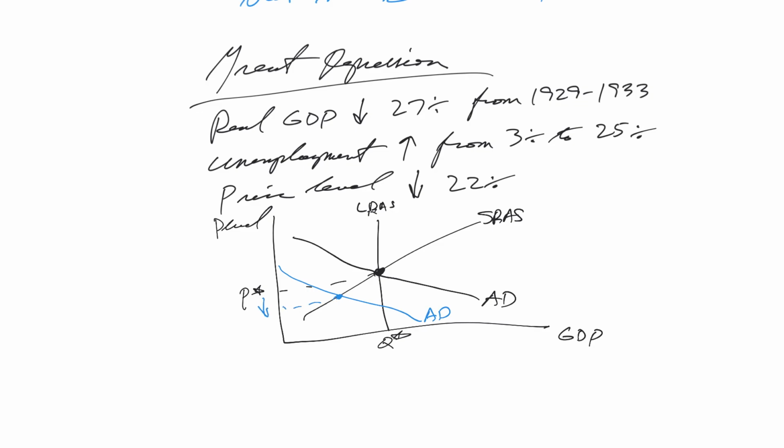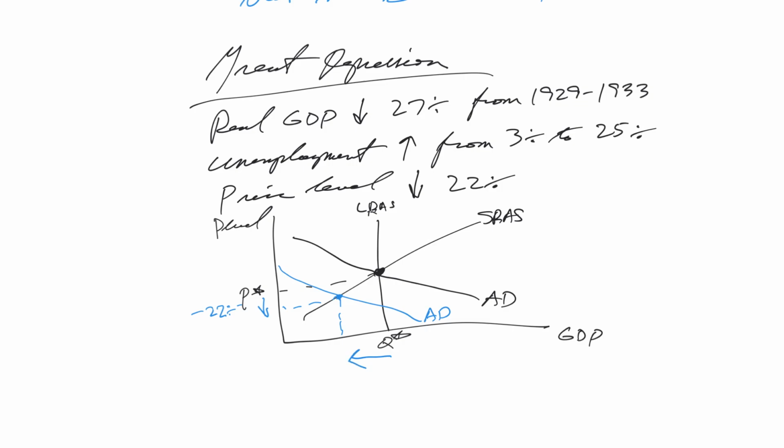Prices fell, like I said, 27%. GDP fell 27%, and unemployment went from 3% to 25%. So this is minus 27% here. Wait, sorry, wrong number. This was 22%. So prices were down 22%.